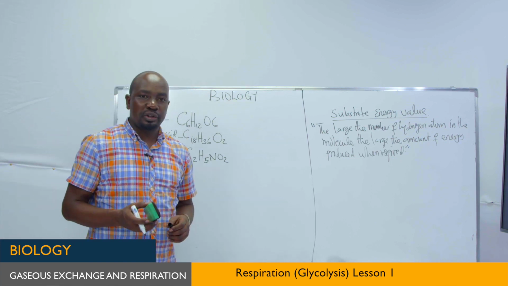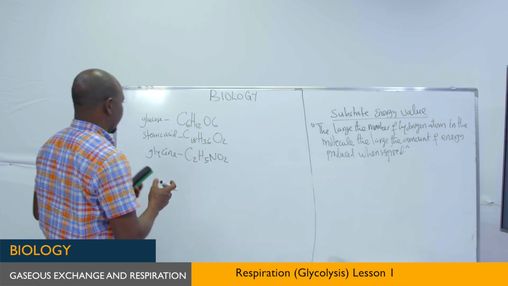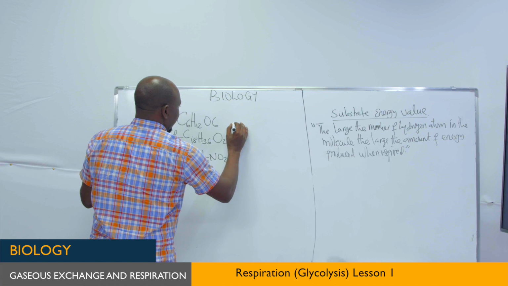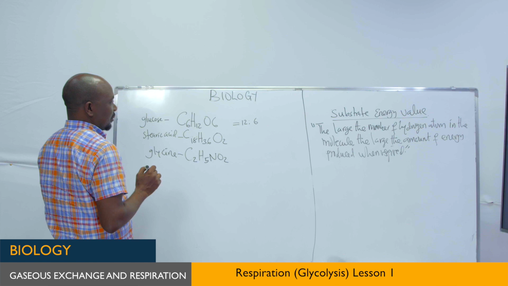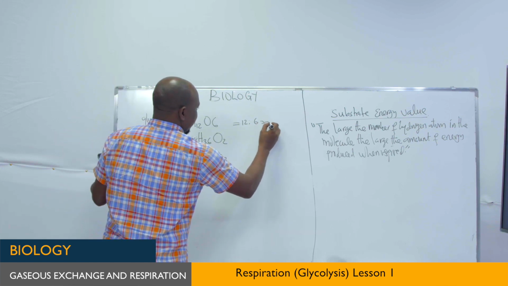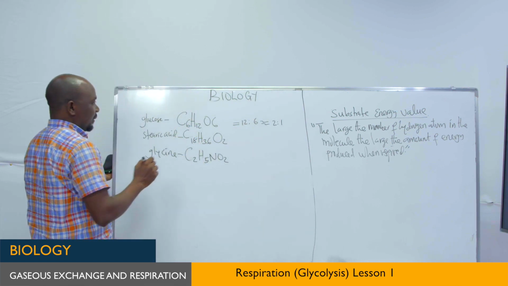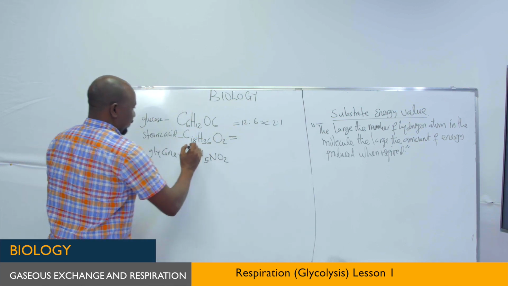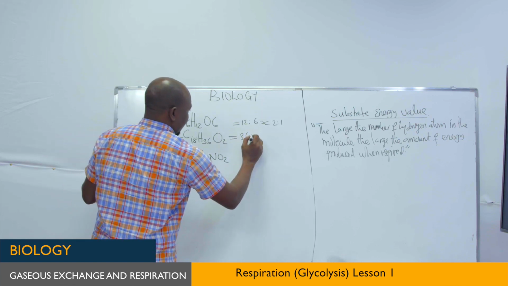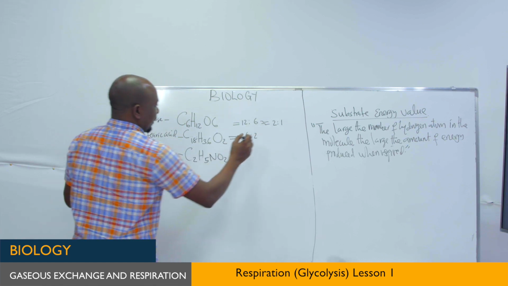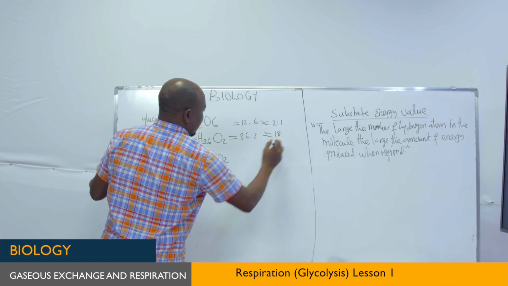Then here we have to compute the ratio of hydrogen to oxygen. Here we have 12 hydrogen, 6 oxygen. This implies that the ratio is 2:1. In this molecule, we have 36 hydrogen and 2 oxygen, a ratio of 18:1.